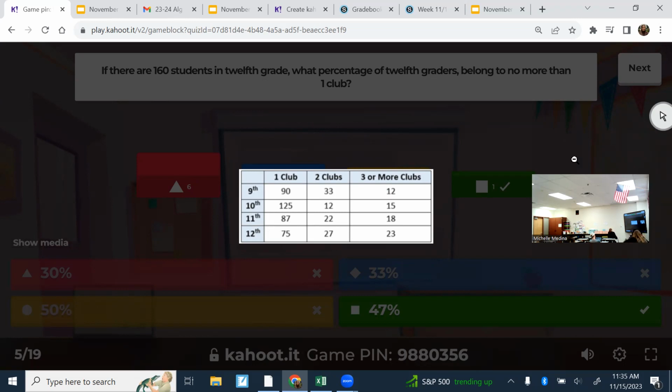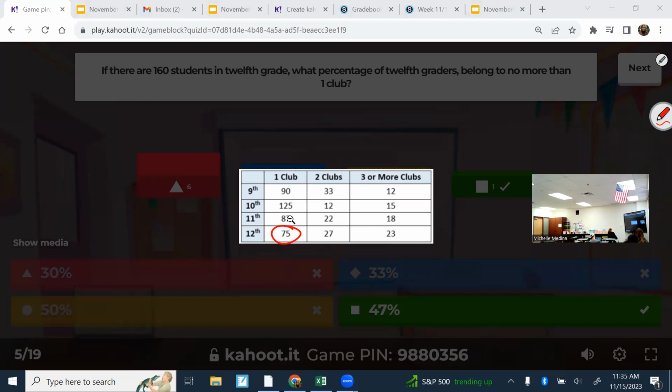So if they belong to no more than one club, how many clubs are they a part of? One. Okay, and we're talking about 12th graders. What percentage of 12th graders? Now, this is how many 12th graders are in one club.